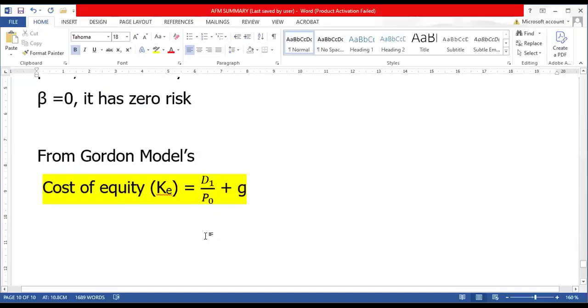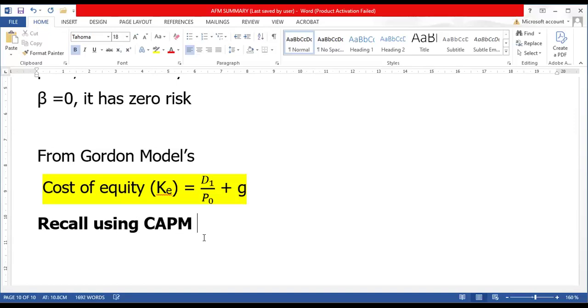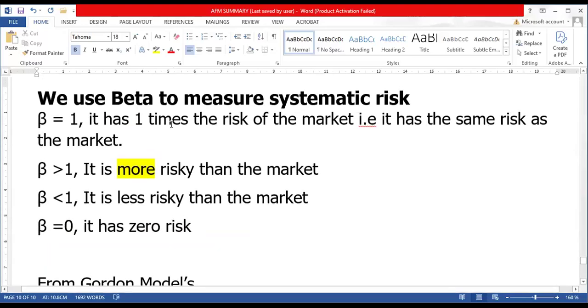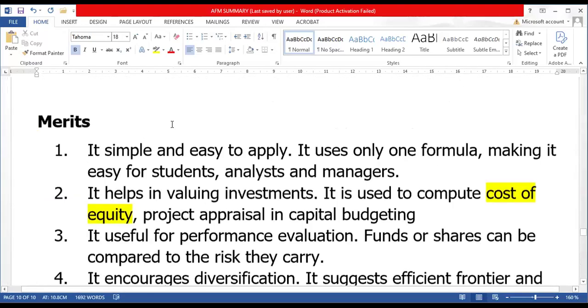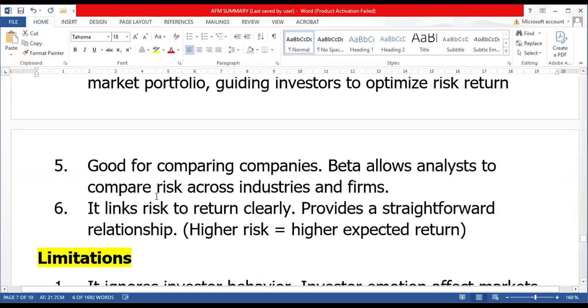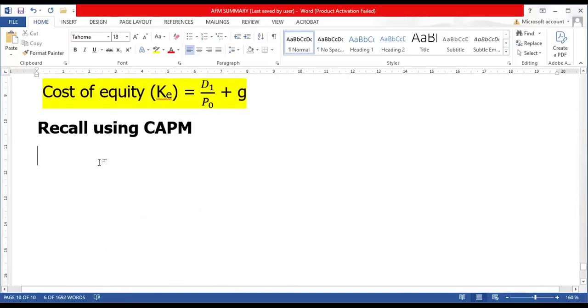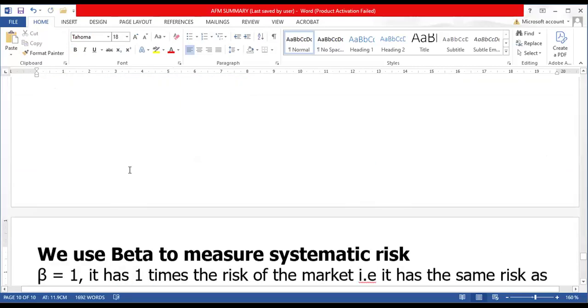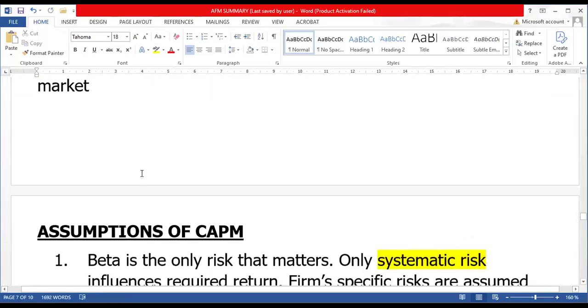So for you to get equity beta, you will need to recall that using the CAPM, the capital asset pricing model, the formula is this one, where you have expected return. You can put KE here.